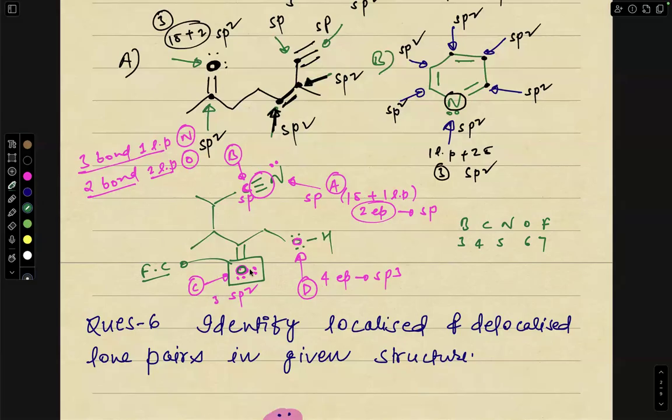Number of valence electron minus number of electron around that atom. So the valence electron of oxygen is how much? 6 minus. Now break this bond. So this should be 1 electron, this should be 1 electron. So total how many electron? 2 to 4 to 6. So 6 minus 6 is 0. Make sense?